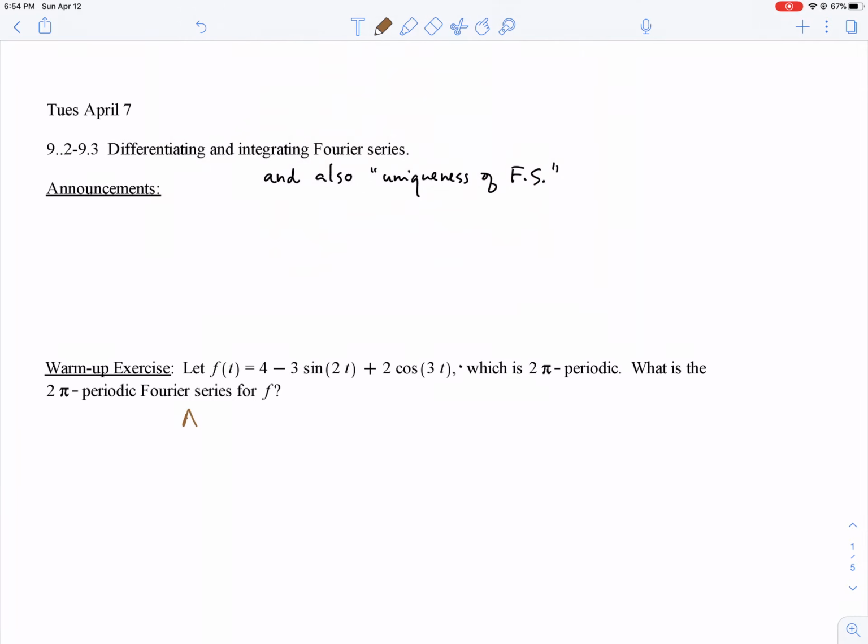Here's the answer. This formula is the Fourier series for f.